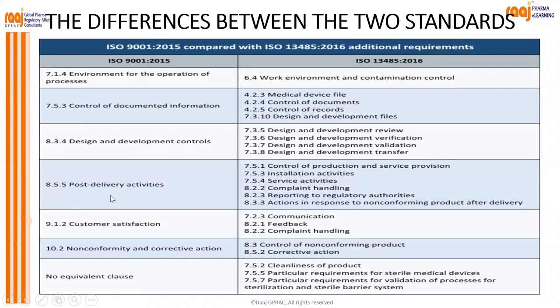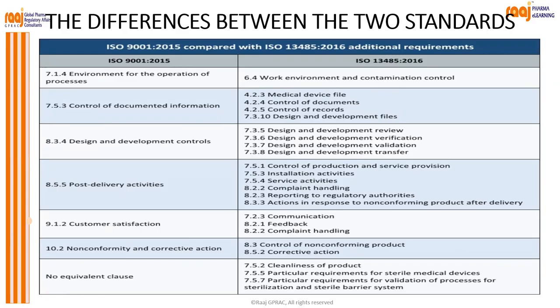Then 8.5.5 covers post-delivery activities, whereas 13485 talks about 7.5.1, 7.5.3, 7.5.4, 8.2.2: control of production and service provision, installation activities, service activities, complaint handling, reporting to regulatory authorities, and action in response to nonconforming product after delivery. So all these SOPs and work instructions need to be in place. You see lots of documents and records are required when you implement ISO 13485.